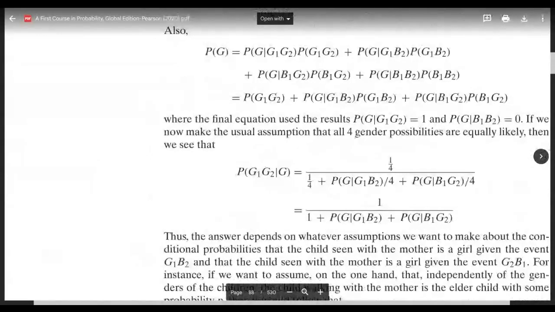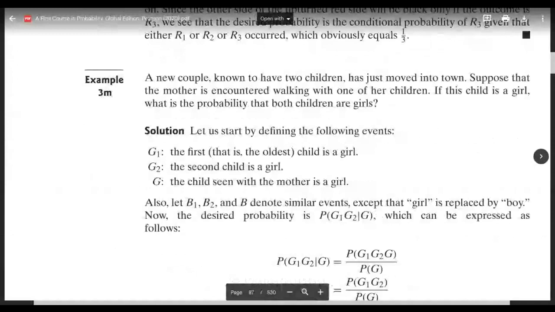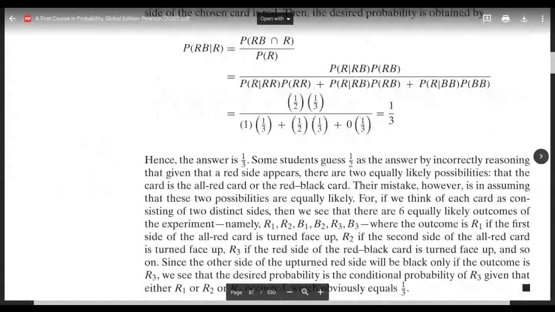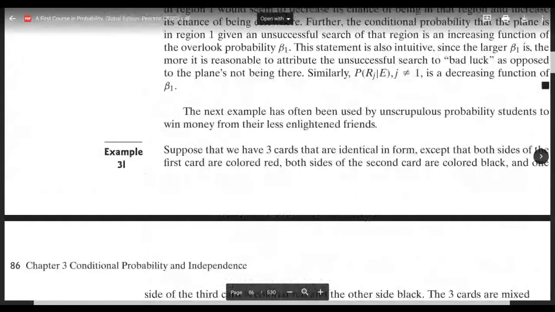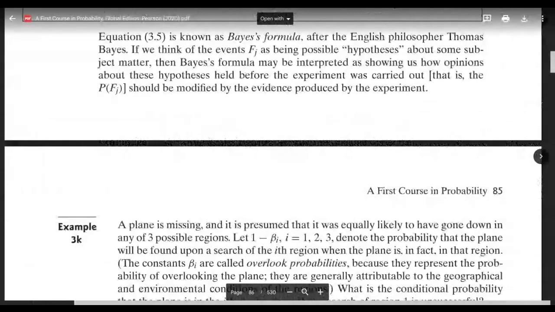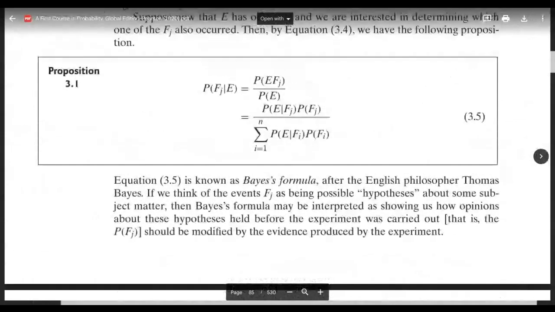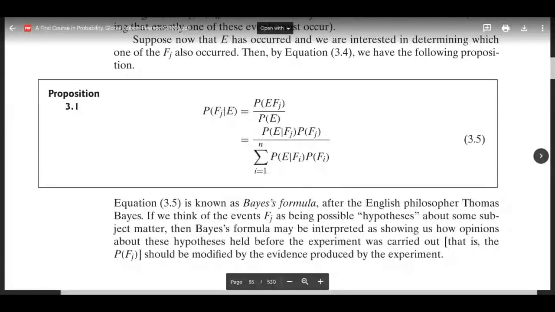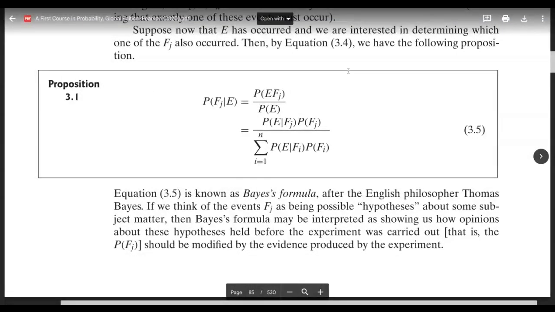All right, so today is Bayes' formula, and even before Bayes' formula, one of the propositions. Yeah, 3.3 is very long, but it's very important because Bayes' formula is so famous. It's so useful in probability theory.